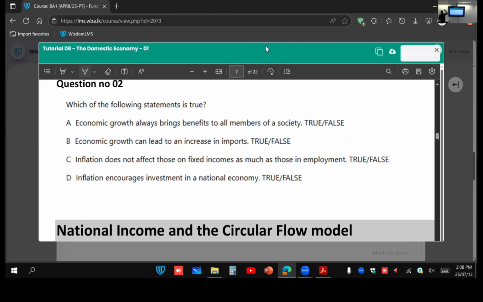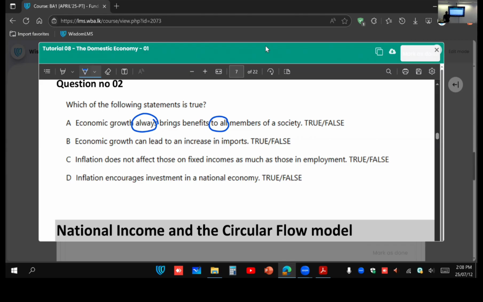Those who say true, those who say false. The statement says economic growth always brings benefits to all members. That might not happen sometimes. Sometimes economic growth might bring disadvantages to people.